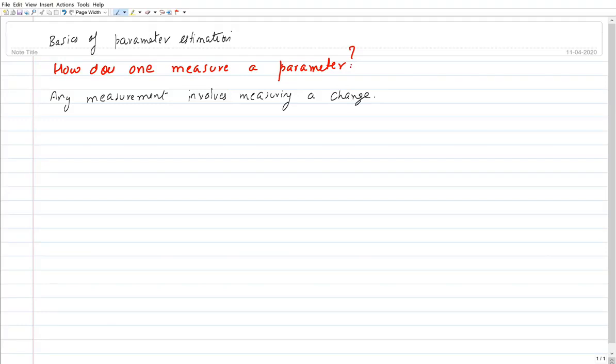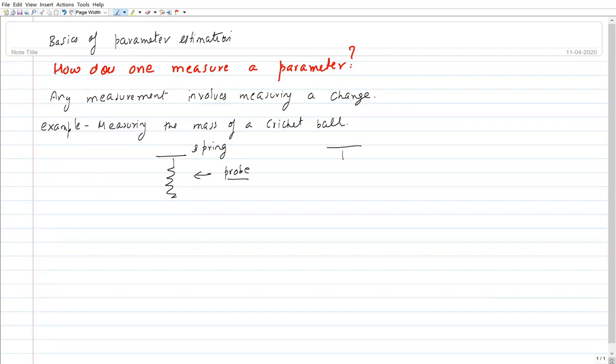For example, let's say I need to measure the mass of a cricket ball. Now, this measurement, how would I measure it? Well, I'll take a spring, which is basically my probe.